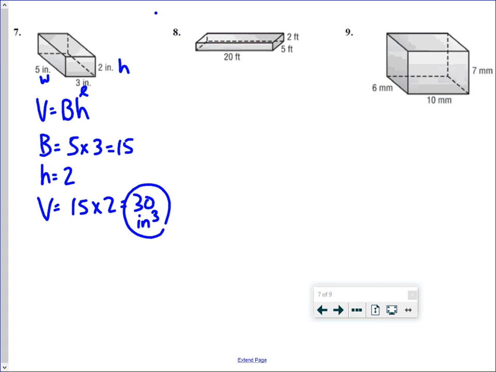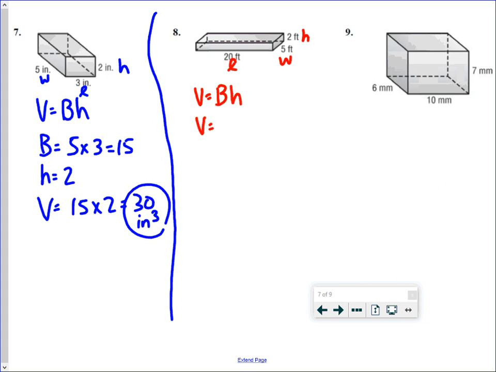Make sure you leave yourself enough room to do all the problems. All right, we got length, width, height. Volume is equal to base area times height. So base area is, oops, keep doing volume. Base area is 20 times 5.